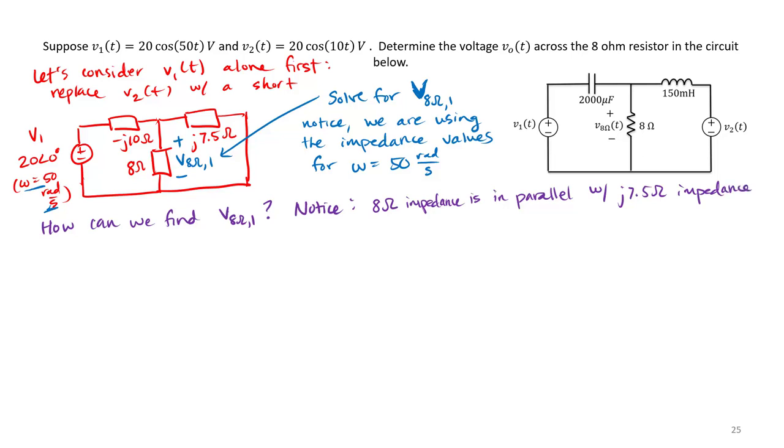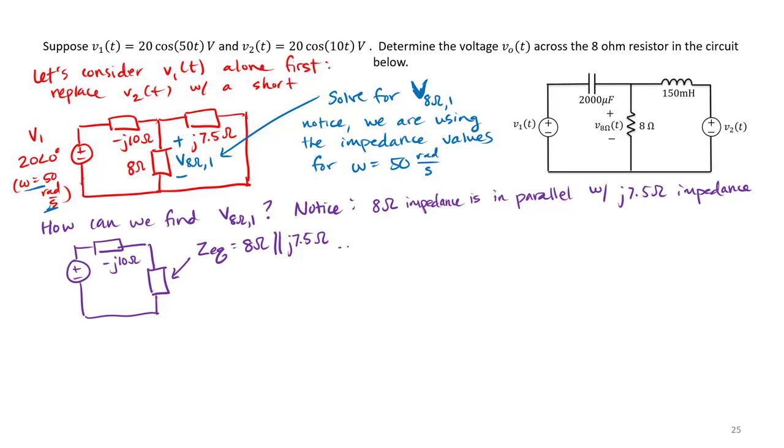So we can combine into an equivalent impedance, where that equivalent impedance is equal to our 8 ohm in parallel with J7.5 ohms.